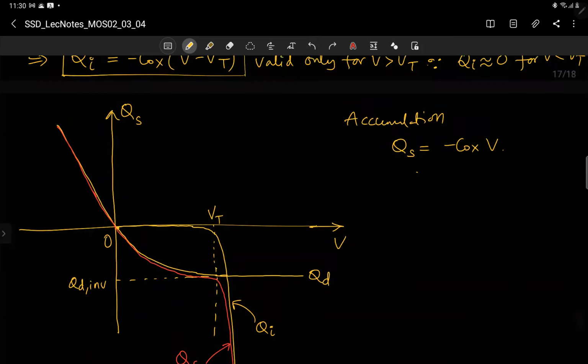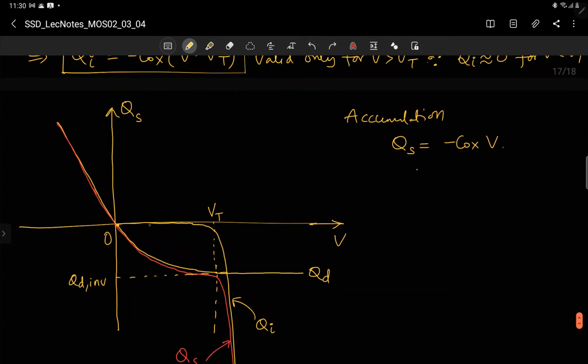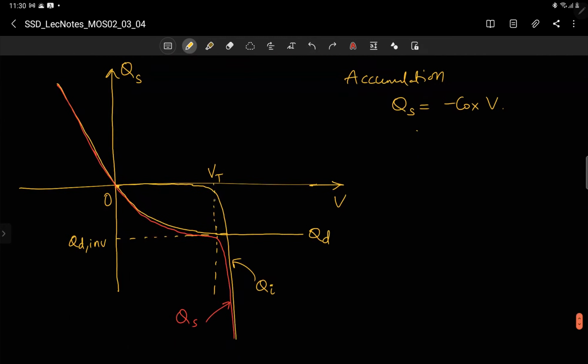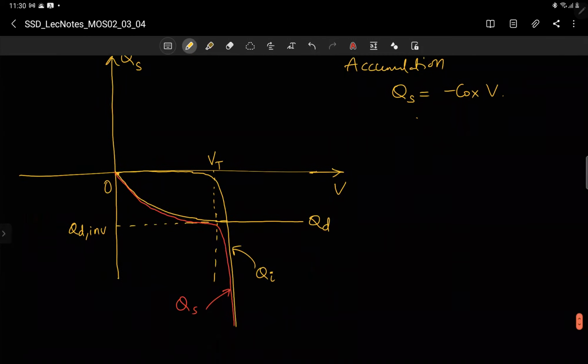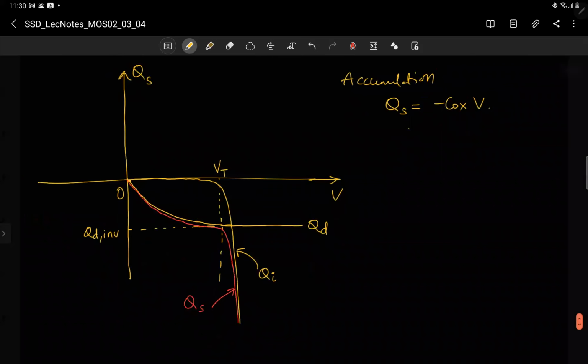Actually, from this approximate formula, I should draw something like here, and I should draw with the same slope here. But this is only an approximation. I should keep this as the same slope, because both have the same slope Cox.